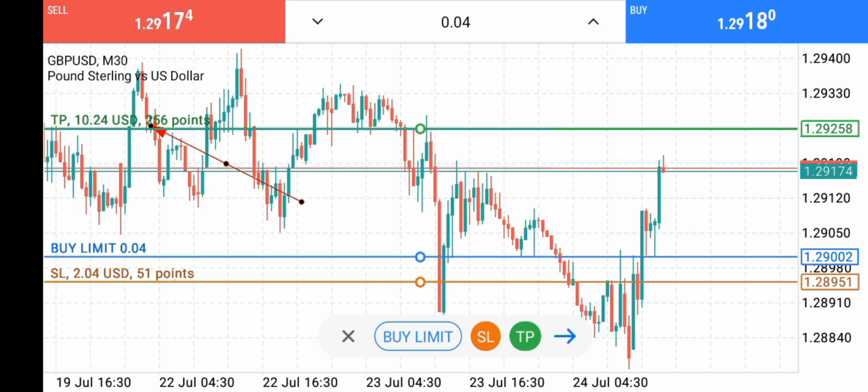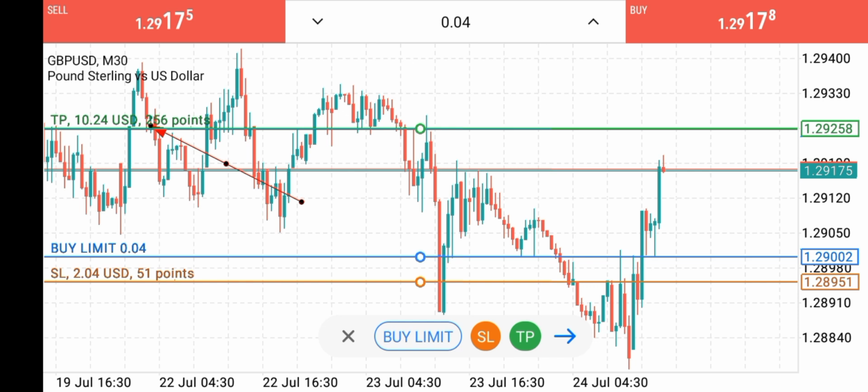So this is basically how the forex market works. This is basically how to calculate pips. This is basically how to know your lot size, and this is how your lot size determines the amount of profit you actually make and the amount of loss a trader actually makes.